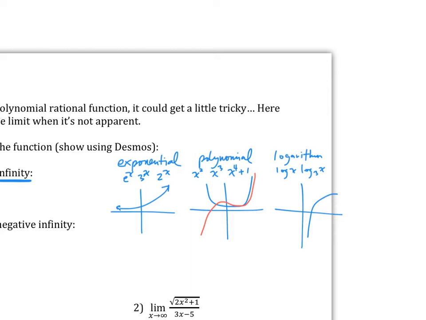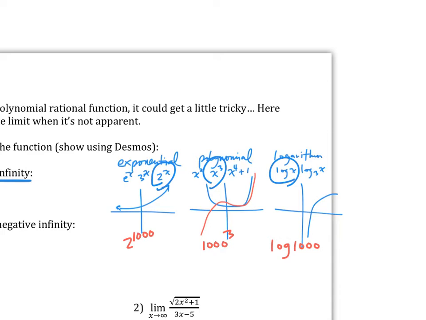So let's think about it. When you put in x equals infinity, let's just say x is 1000 or something. Let's compare these three functions. I'm just randomly picking them: 2 to the 1000 compared to 1000 cubed compared to log 1000. 2 to the 1000, I don't even know what that is.